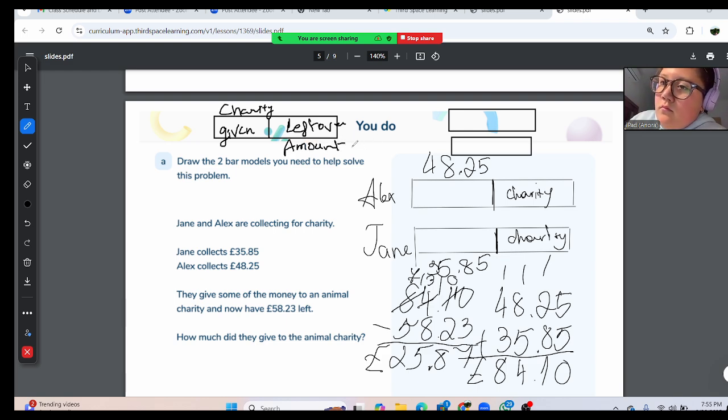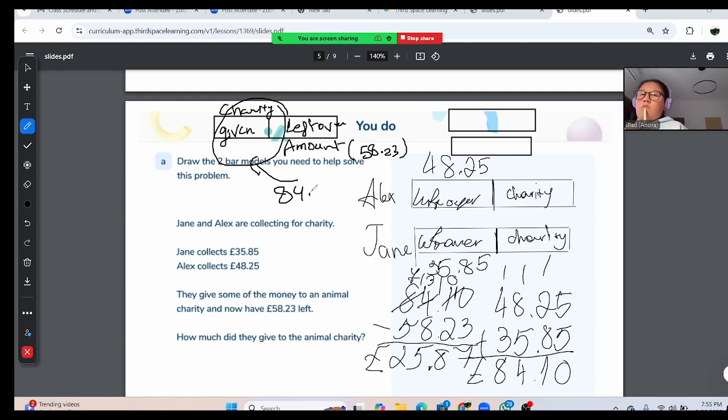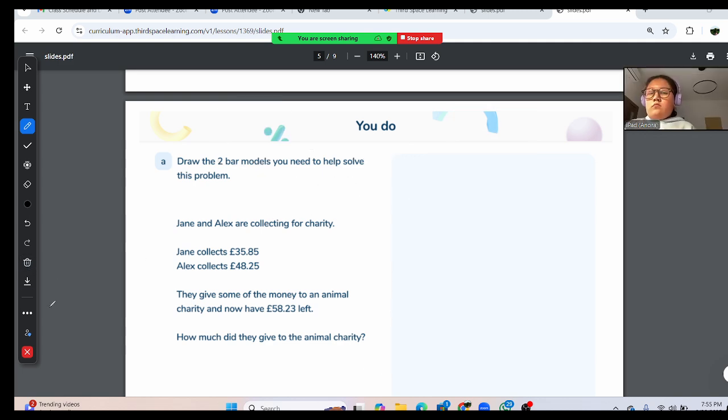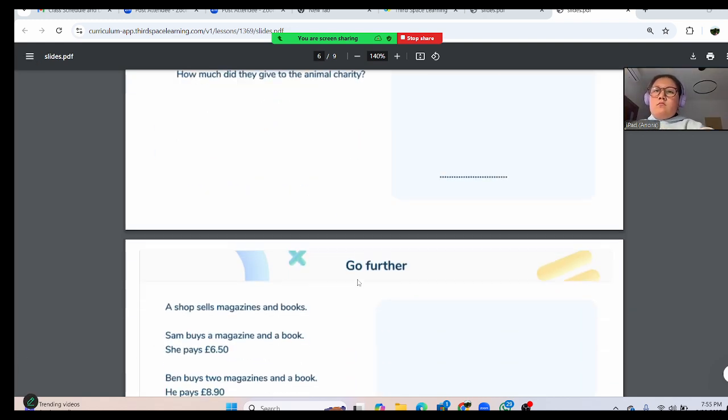So the leftover amount is given, 58.23, and this is the charity given that you just found, which is 84 point, I mean 25.87. Okay, let's move ahead.